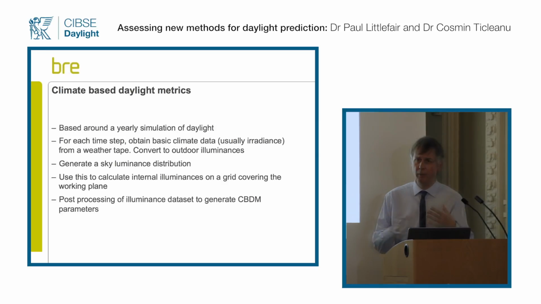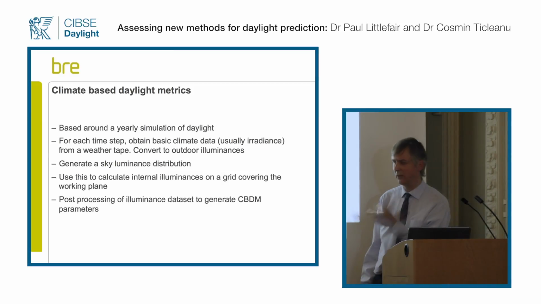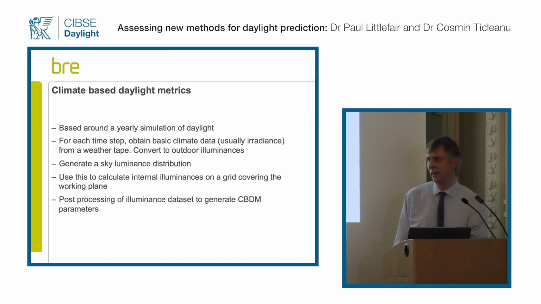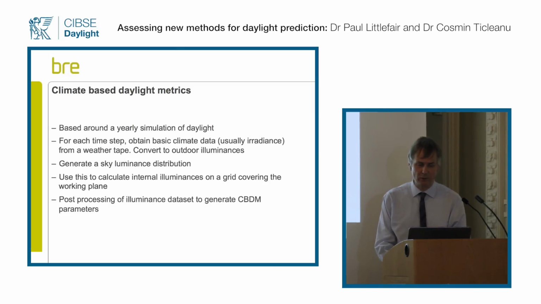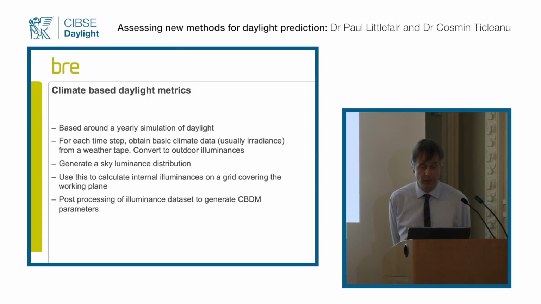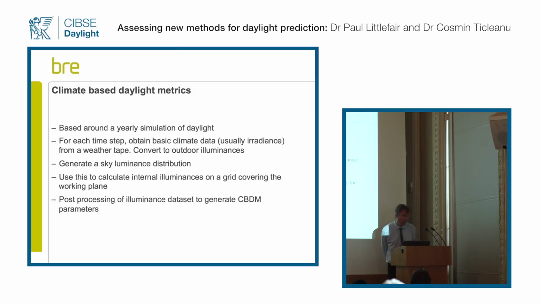And people, when they're doing this climate-based daylight modelling, tend to believe the results, thinking, oh, well, this illuminance here, and they quote them to lots and lots of significant figures. Whereas in reality, a lot of this stuff is guesswork, very educated guesswork, and clever people have done a lot on this. But it's still essentially guesswork.